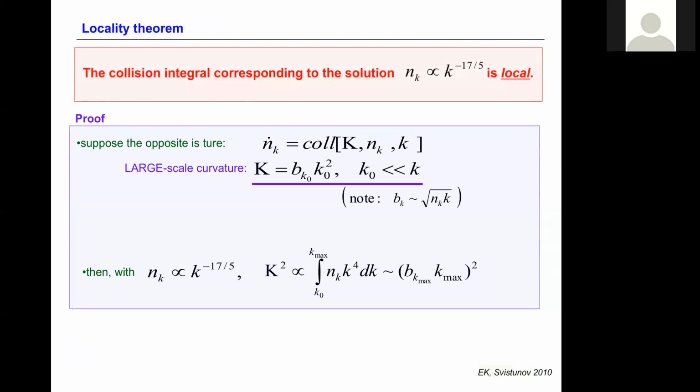So for this spectrum, the main contribution to curvature comes from short wavelength, not the long wavelength, right? And therefore this K that enters the collisional term depends only on the same scale K, and therefore the collisional term is local.